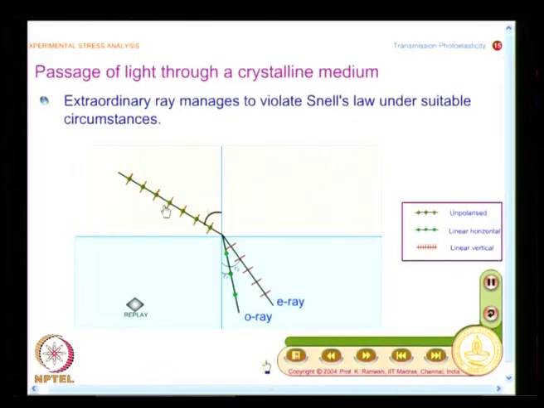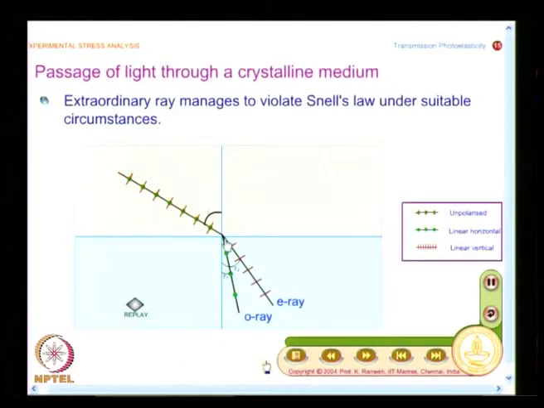The moment you have a crystal, a generic understanding is for one incident ray I have two refracted beams which are travelling at different velocities. Our interest is not just that R1 and R2 are different, we do not want to look at it that way. That is why we introduce the definition of refractive index more in terms of velocities.